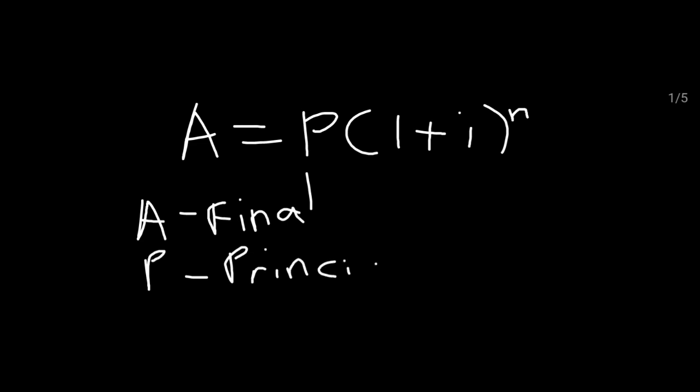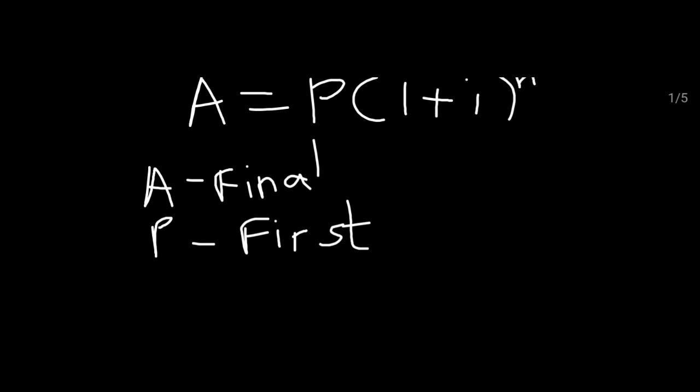Now please, if you didn't watch the first videos, make sure that you watch the first video on simple interest, or else you're not going to understand what's going on here. And then we have the i, which still stands for the interest. Now I'm going to highlight the difference between that formula and this formula. And then the n, it's still the period.